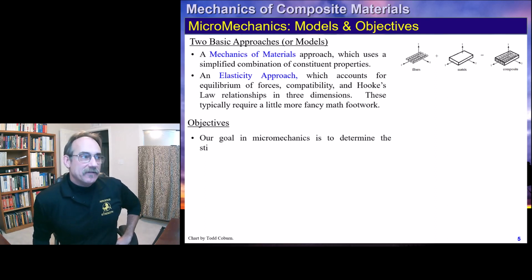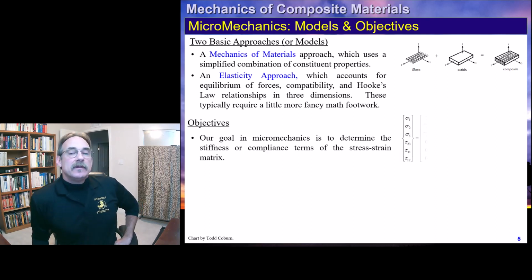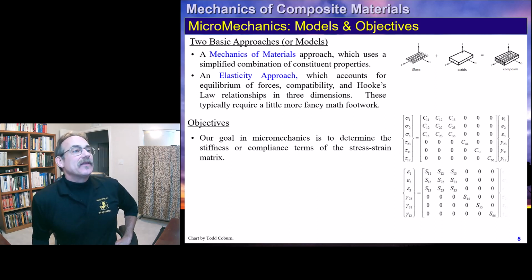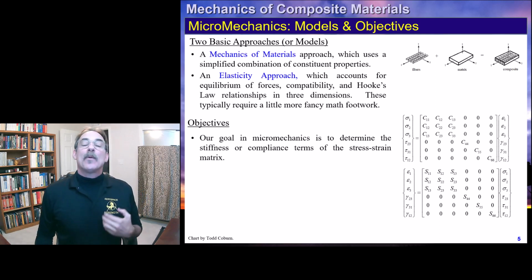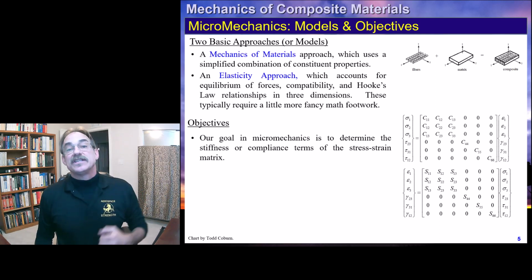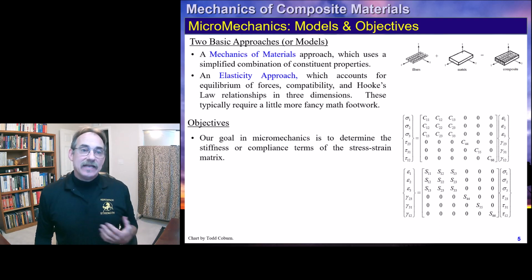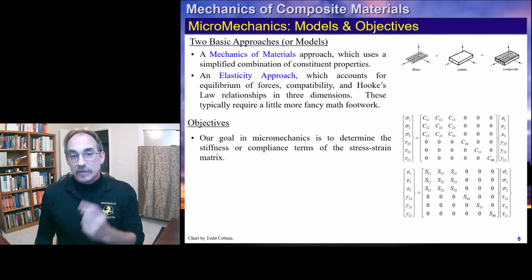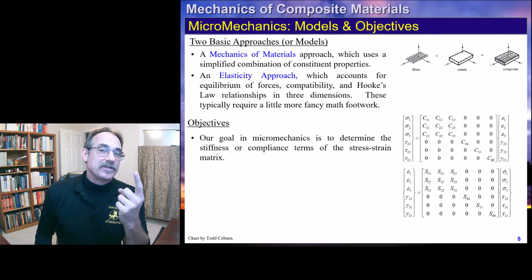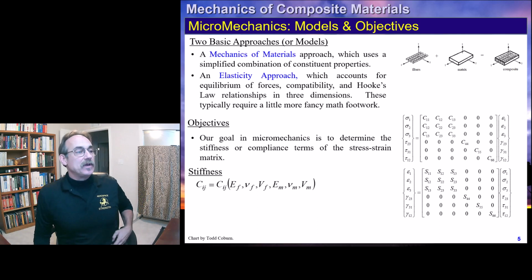So our objective is to estimate the stiffness and the strength. Remember, this was the stress-strain relationship for an orthotropic material on a stiffness matrix basis and on a compliance basis. Now we're going to need to figure out what all these constants are. We can suspect from what we've seen from other materials that it probably has to do with the E's in the various directions, the G's and the Poisson's ratio, at least from a stiffness point of view.